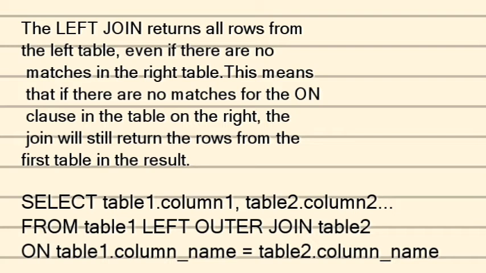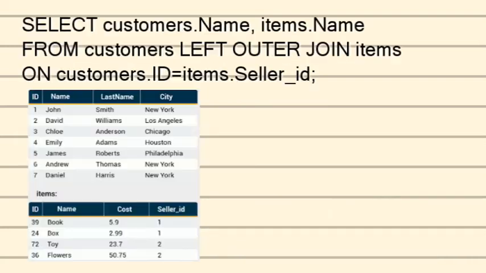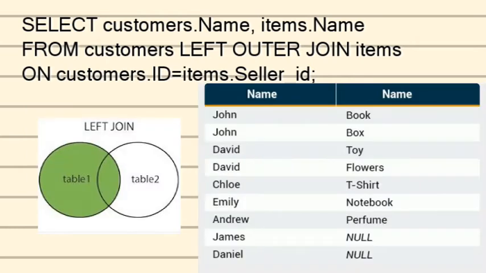So now what is the example, as you can see over here. Here I have taken two tables: the customer table, and the item table. What I am doing with the customers and items tables, I am selecting customer.name, items.name from customers left join items.